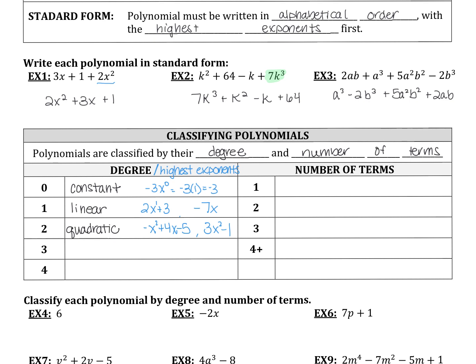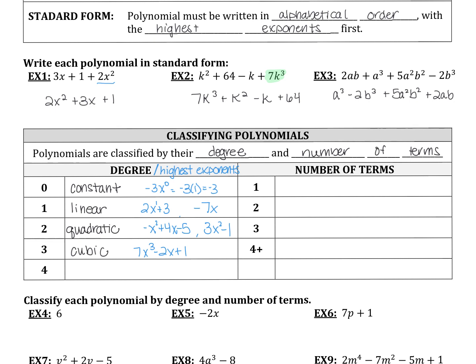Now, if my degree is 3, we call this a cubic polynomial. A cubic polynomial might be something like 7x cubed minus 2x plus 1. This is an example of a cubic polynomial because my highest degree is 3. Now, really, anything above 3, we don't really give a name to. Although there are words we could use for these.